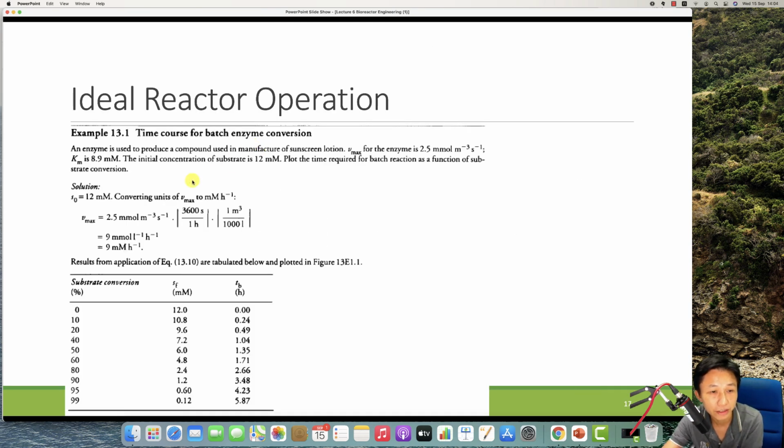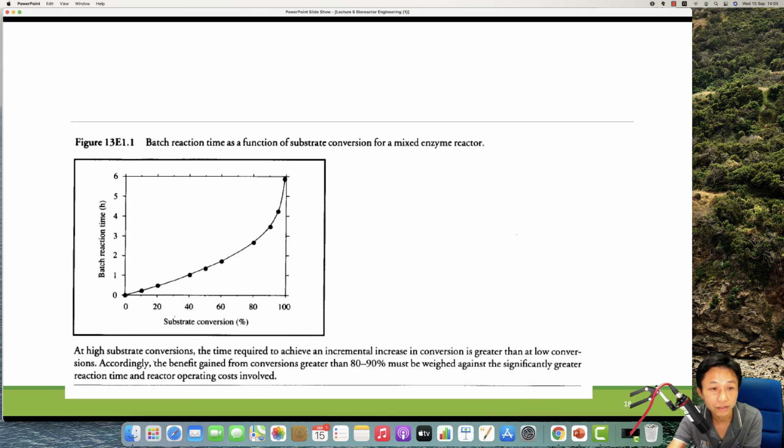Okay, you check this equation, and this is the time required to have your conversion. This is your initial. See, if it's 0, it stays the same for the final. And you use this equation to plot the time that you need in terms of hours, and then you have this kind of plot.